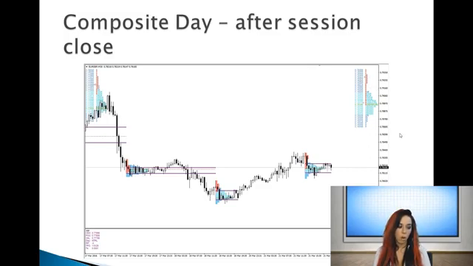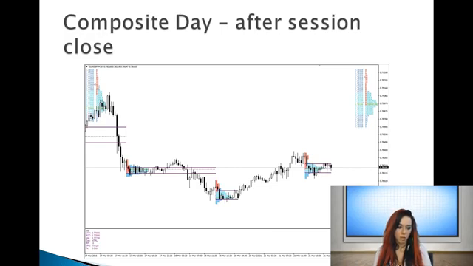So if the open was in the top quarter of the profile, then it's considered a composite sell day. If the open was in the bottom quartile, then it's considered a buy day, and if it's in the middle quartiles, then it's considered a neutral day. Okay.